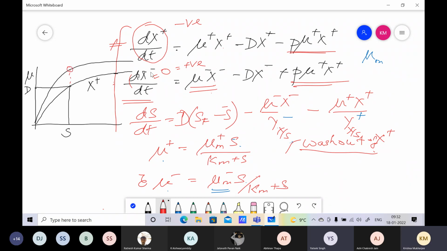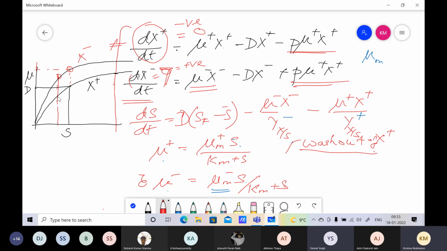Which means that dX minus by dt is hugely positive and dX plus is still 0. Because X minus cells grow at this rate, their mu value at this substrate concentration is this, and therefore they consume the substrate. So after some time, the substrate concentration falls, and it falls to this value, let us say. Now at this value, something funny happens.